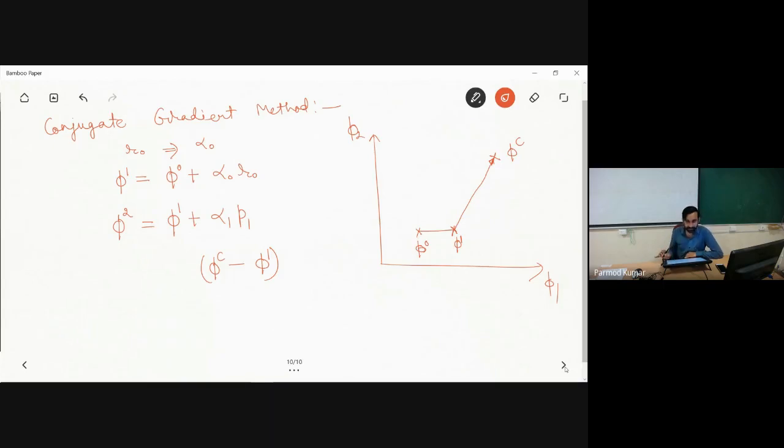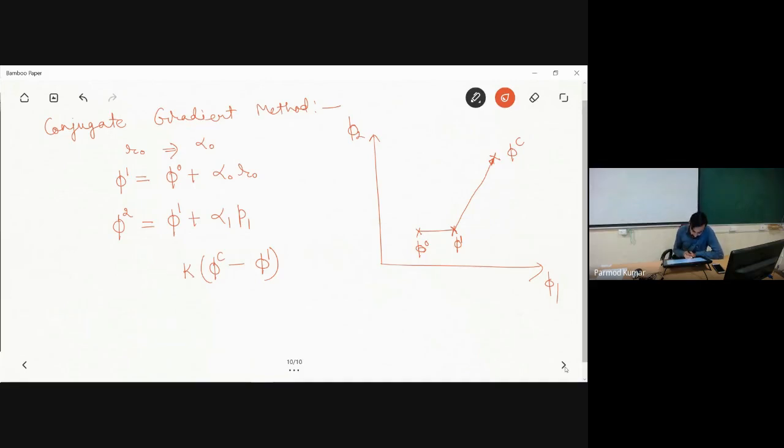Is this point clear? Yes, sir. Now this phi c minus phi 1 represents the direction vector, but one important point is missing. We also have to find out how much we are moving in this direction. Let us call that some constant k. So k times phi c minus phi 1 is how much I have moved in this particular direction.